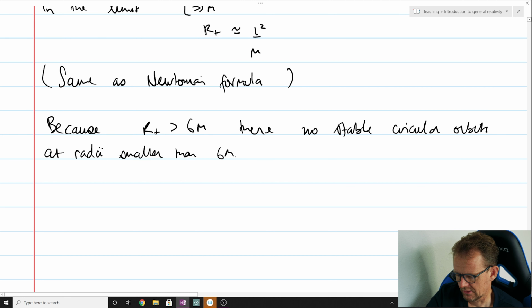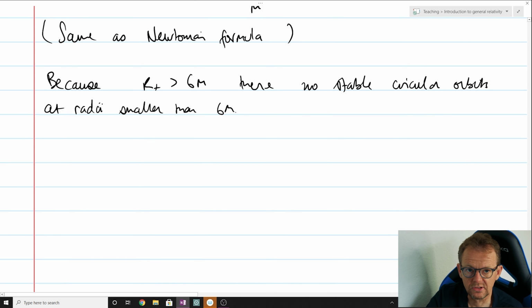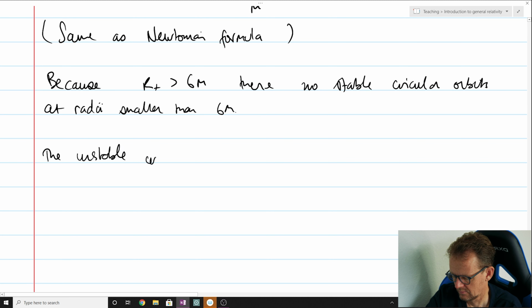Okay, that's a fairly obvious consequence. Another one is that the unstable circular orbits themselves are in a bounded region, and they just lie between 3m and 6m.